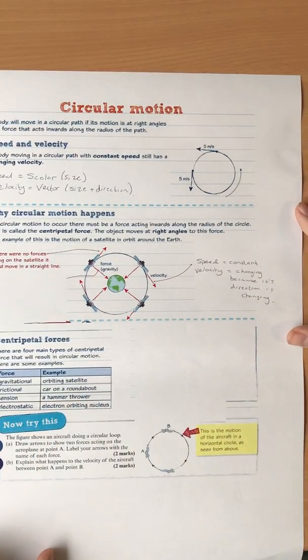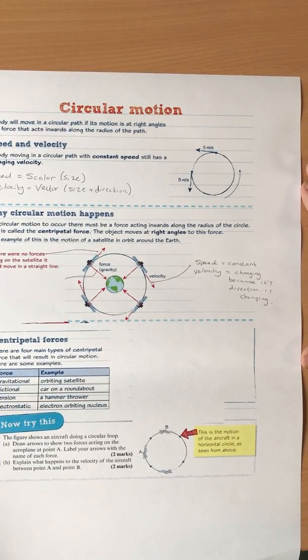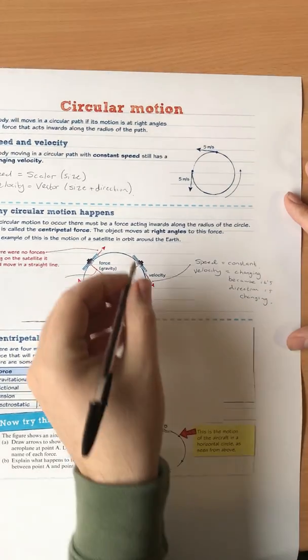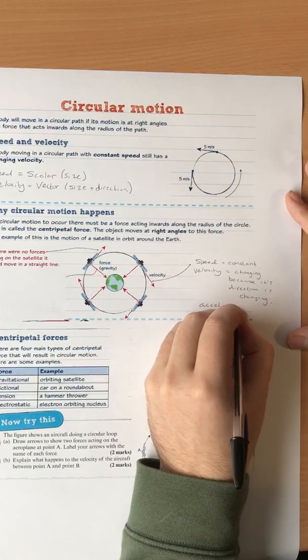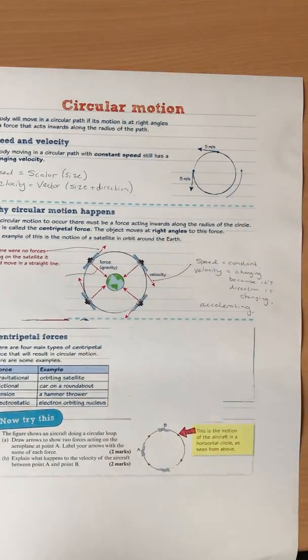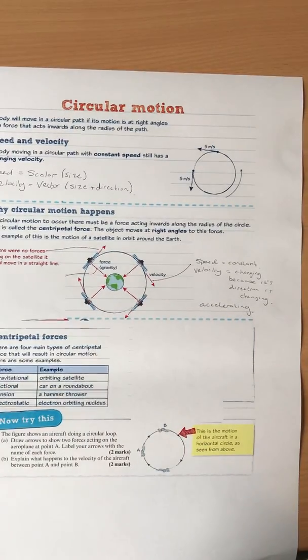If its velocity is constantly changing, and we know that acceleration is a measure of how quick an object can change its velocity, that means that this satellite is accelerating because its velocity is changing. When an object moves in a circular motion like that, its velocity is changing and it's also accelerating.